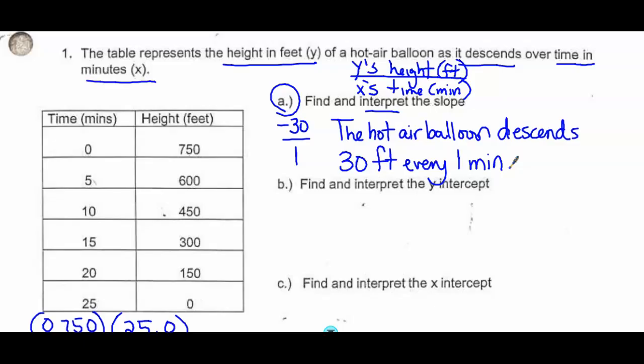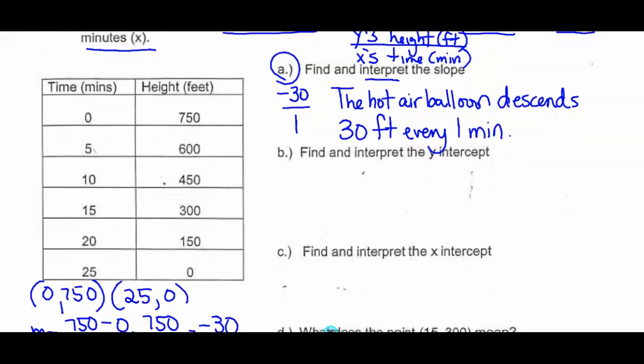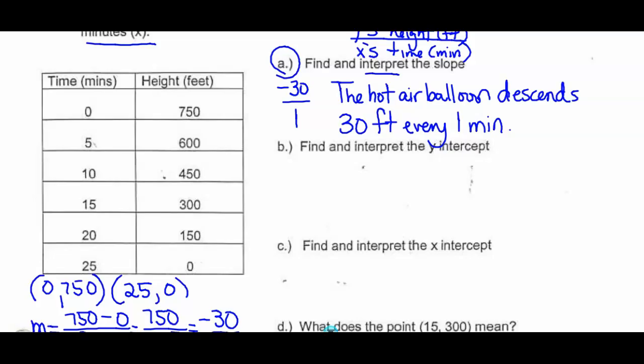Remember, you can always pause this video to catch up if I'm going too fast. Letter B, find and interpret a y-intercept. Remember, a y-intercept is when the x is 0. So when you look at your table, the y-intercept is right here. So that is 0, 750.